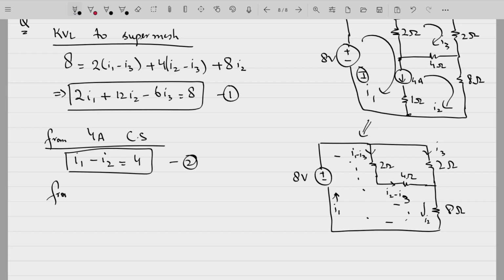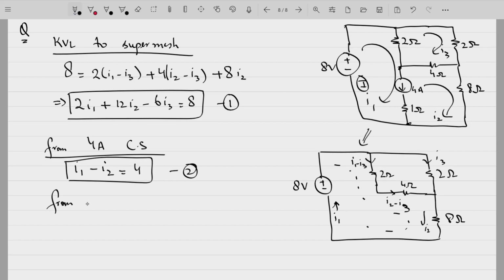What else do we have here? From mesh number 3, KVL to mesh 3.